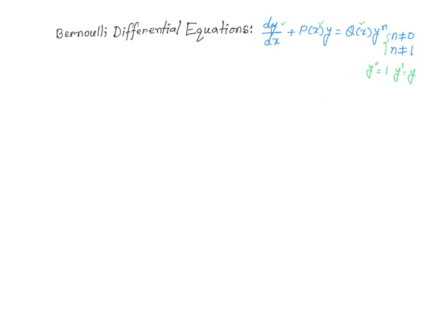So to solve these differential equations, we apply a special trick, and that trick is this. My original equation is dy over dx plus p of x y is equal to q of x y to the power n. Now I'm going to divide both sides of this equation by y to the power n.